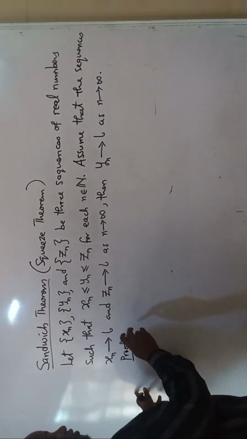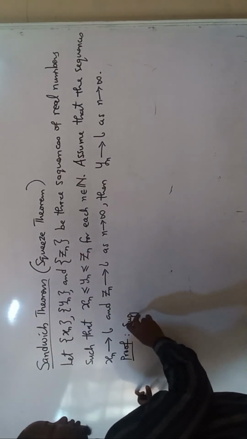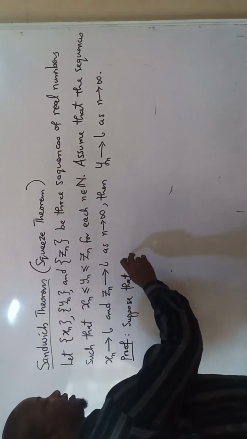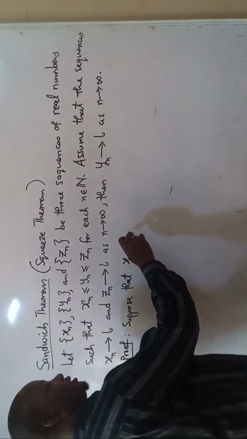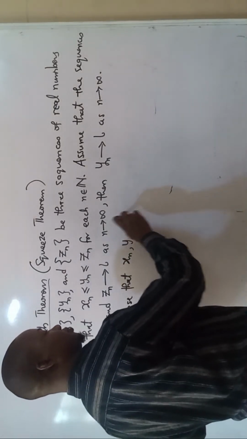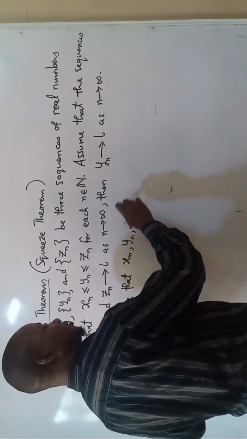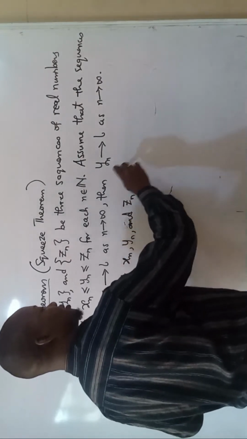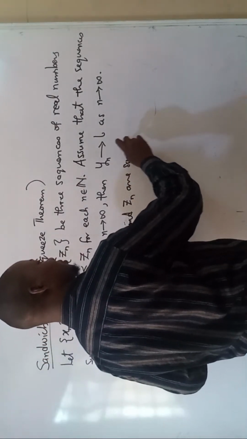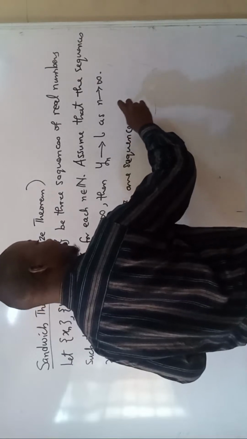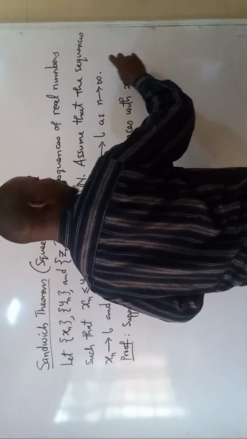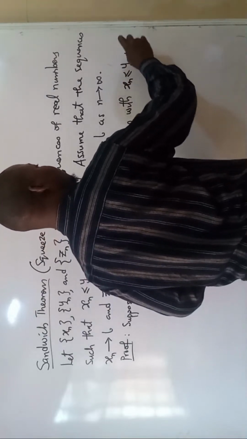So we now say: suppose that xn, yn, and zn are sequences with xn less or equal to yn less or equal to zn.